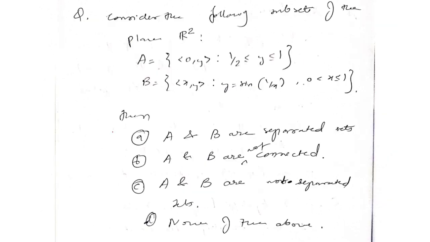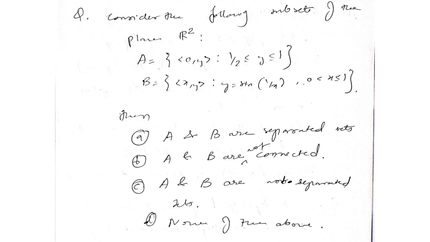So the next question is: consider the following subsets of the plane R2, where A is the set of points (0, y) such that half is less than or equal to y less than or equal to 1, and B is the set of points (x, y) such that y equals sine 1 by x, where x lies between 0 and 1.